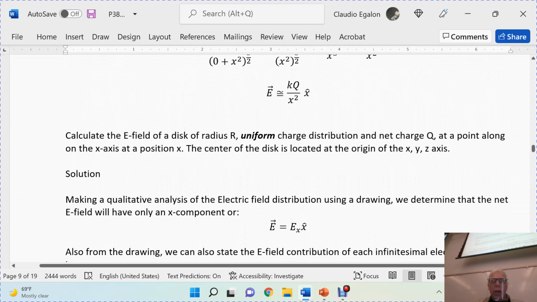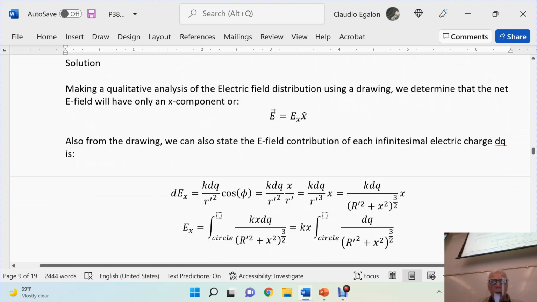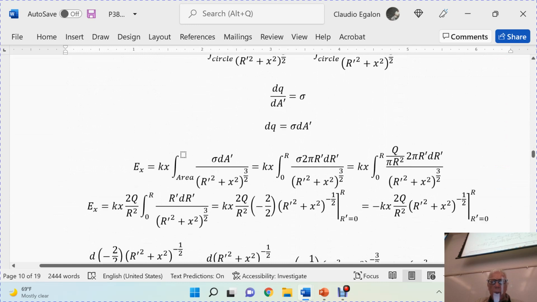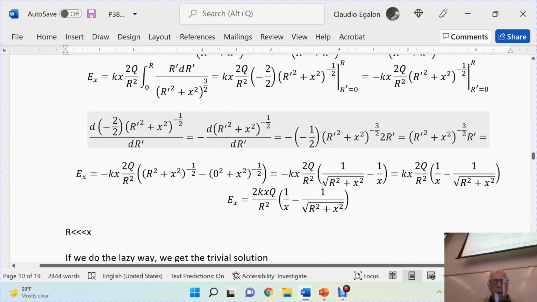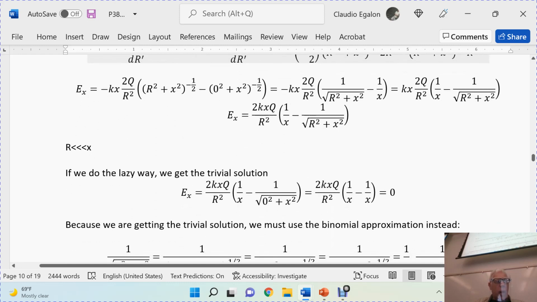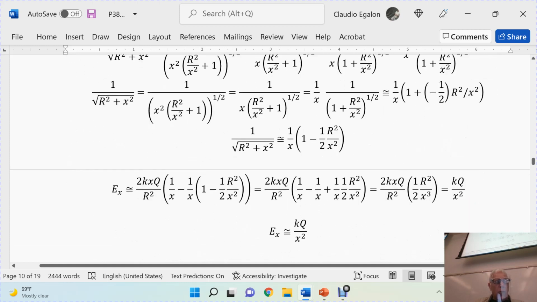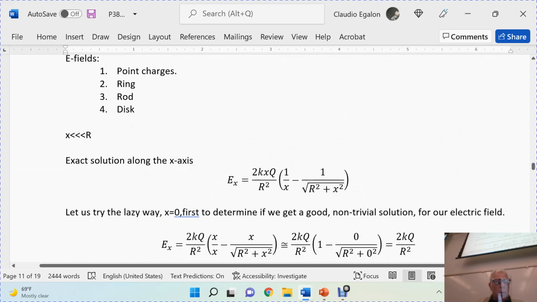A disk, okay. Net charge Q. So let's see here. I did it for r much less than x, and then I did it for r much greater than x, right?